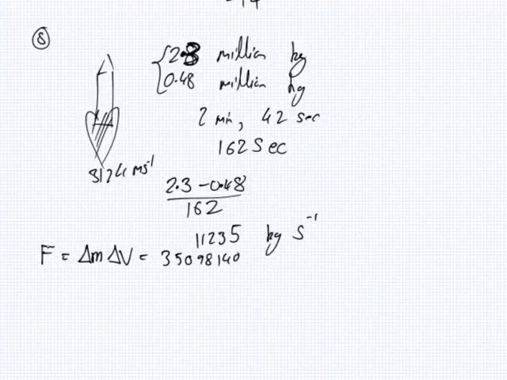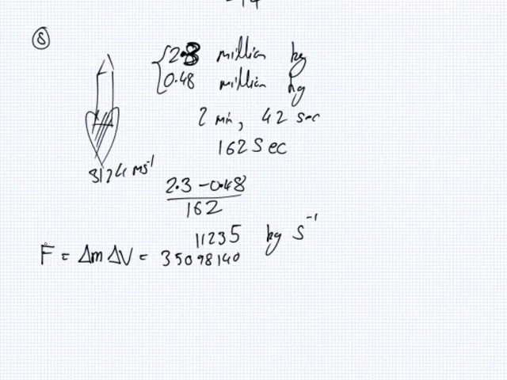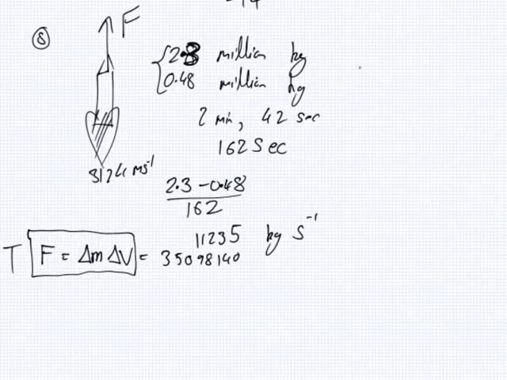This is the formula we did in the rocket science lesson, for the thrust. Yes, correct. This is F. You can call it T if you wanted. Then you call it MA, so we can get MA equals 35,098,140.